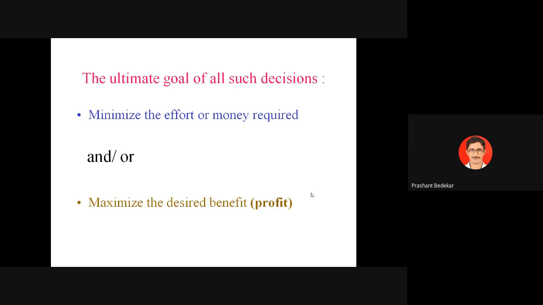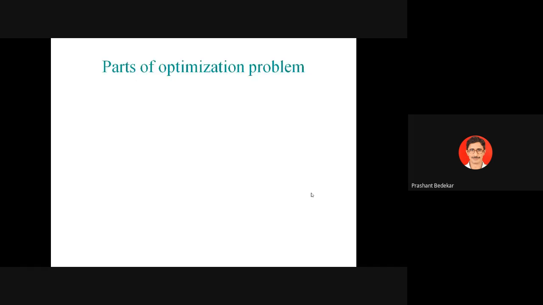So whenever you take a decision, whether it is a technical decision or a general decision, the ultimate goal of all such decisions is to minimize something or to maximize something. And minimizing or maximizing something means you are dealing with optimization. Definitely, you are working on optimization. With this background, we can now proceed to the parts of an optimization problem.